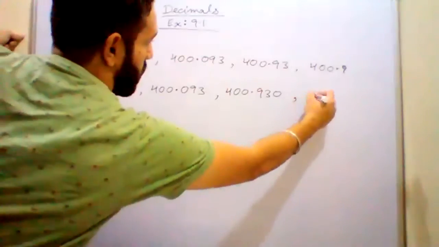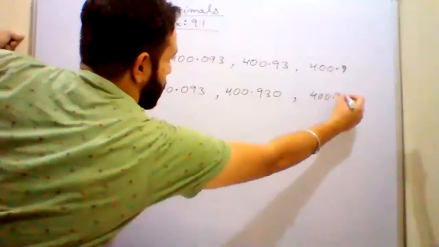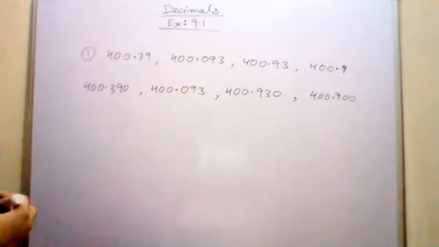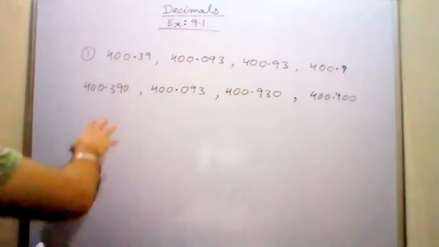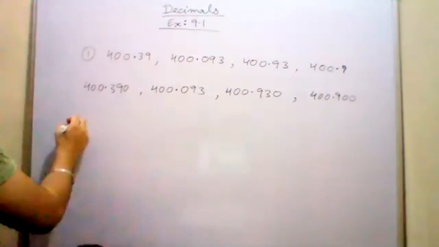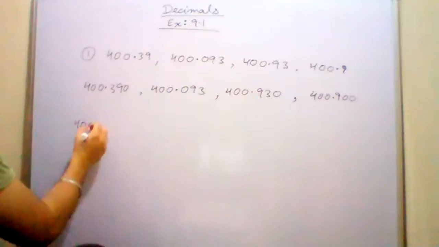And the fourth number, 400.900. 2 zeros I have added in the last number. Now you compare the numbers. Which one is the greatest number? 400.930. Sir, third number.